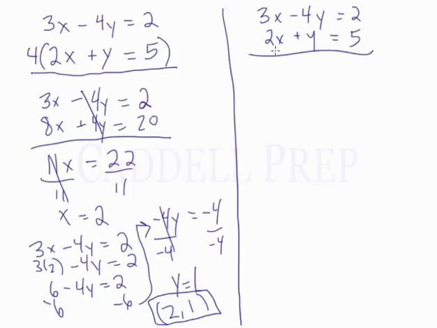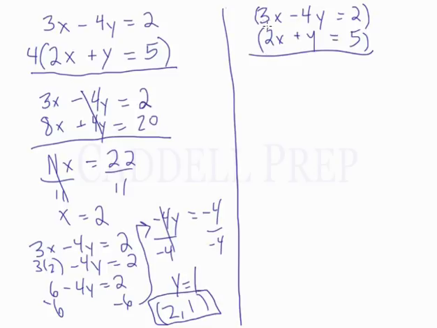But what if we want to get rid of the x's? Well, in this case, there's not an easy number to multiply either of these by so that they cancel out. So what we have to do is multiply both of them by different numbers.